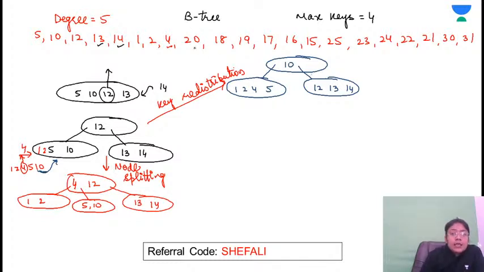Now insert the next node. Repeat the step. Key redistribution means redistribute the keys, adjust them again, don't do splitting. This is what I have explained, that if they are asking for minimum number of node splittings, then you have to go for the concept of key redistribution.